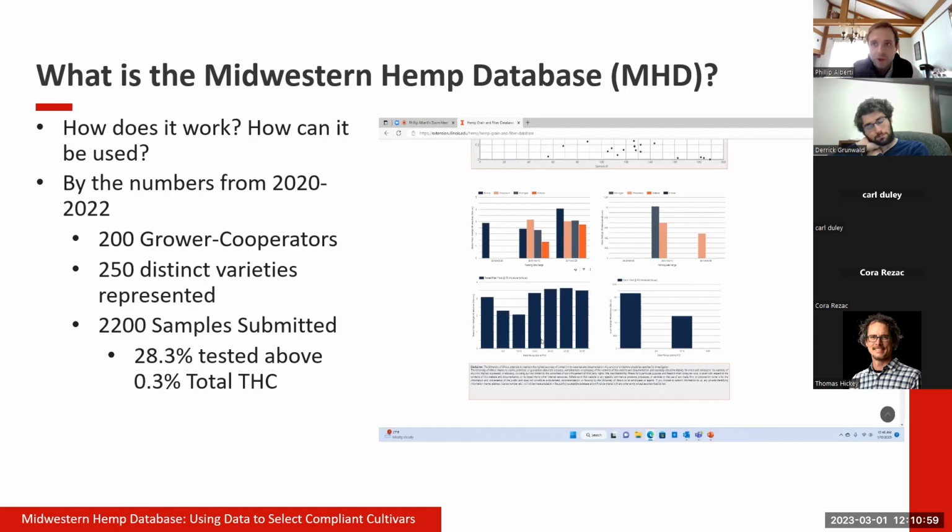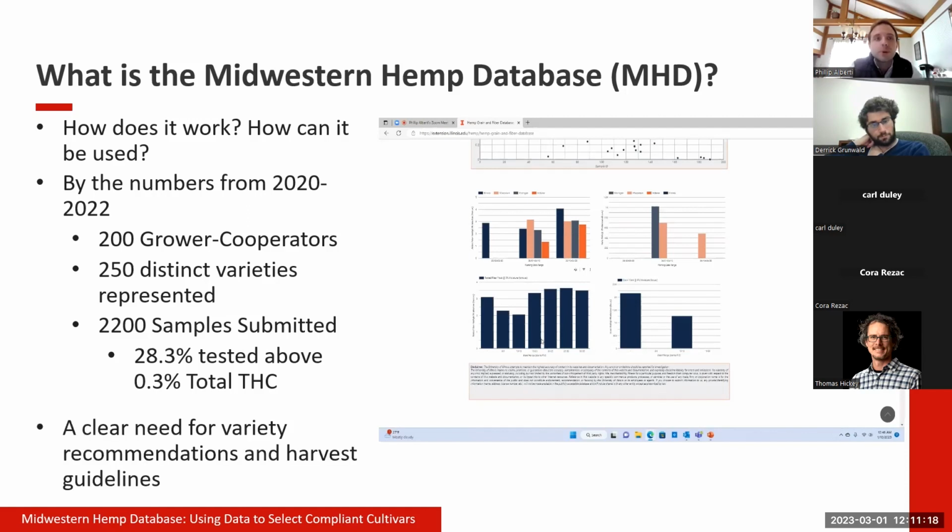And what we found over those 3 years is that 28% of all samples that were submitted to the database are non-compliant, which is a problem. That's more than a quarter of the samples. If we were a regulatory agency, we would have to prescribe essentially that 28% of those lots would have to be destroyed. So this really puts into perspective that we have a clear need for variety recommendations and harvest guidelines.